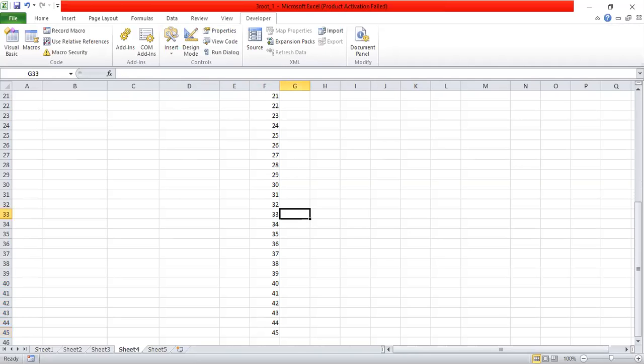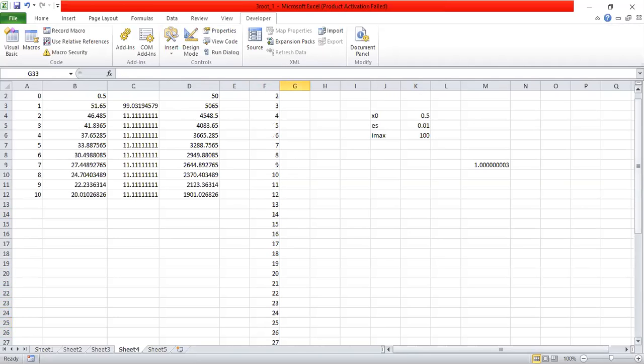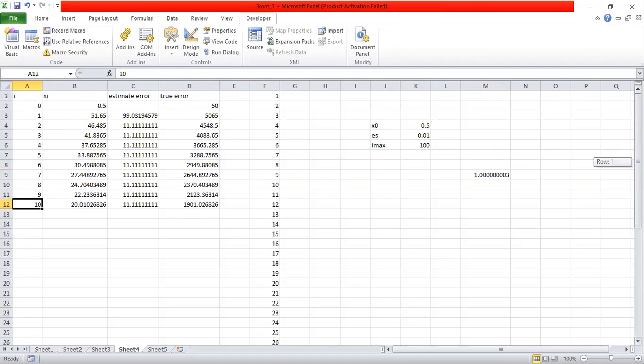The reason why I'm doing this is that I want to tell you at which iteration you were able to get this value, because when we are at the 10th iteration, the error is still very, very large. So the initial guess is 0.5.